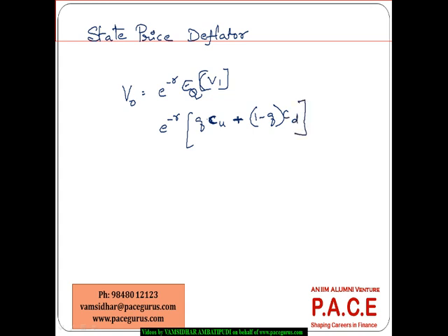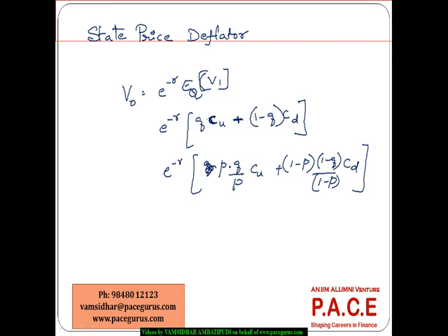Now what I am simply doing here is, instead of q, I'll write it as p times q by p times cu, and 1 minus p times 1 minus q by 1 minus p times cd.